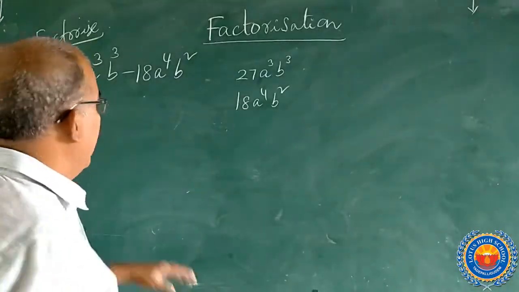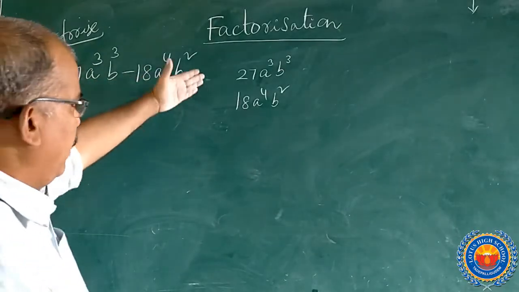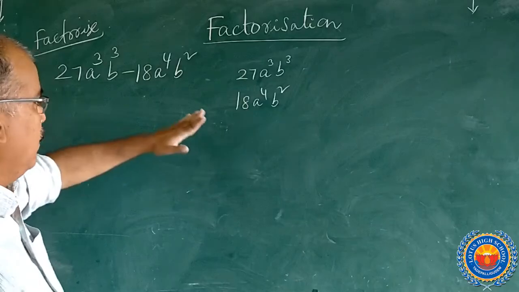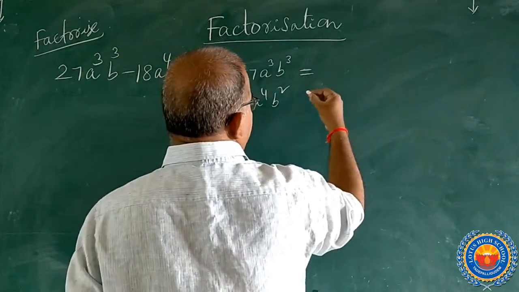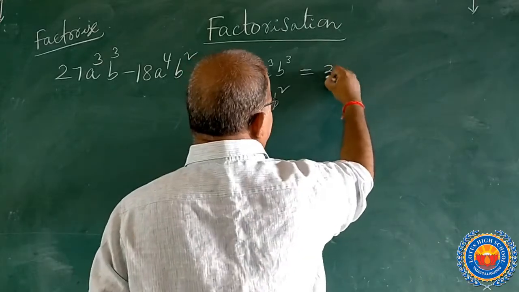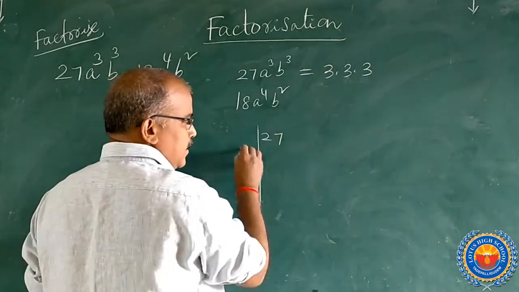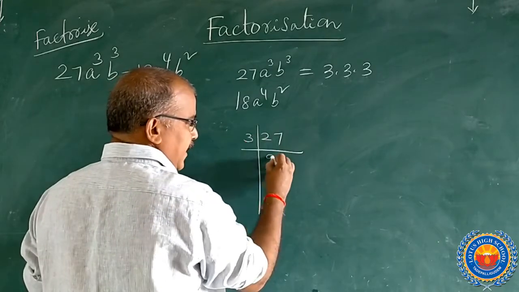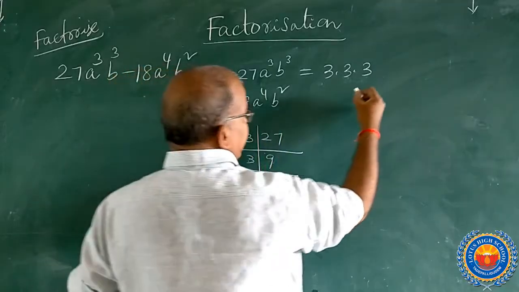Okay, one more sum. 27 a cube b cube minus 18 a to the power of 4 b square. First, 27 a cube b cube. Here 27 I can write as 3 into 3 into 3, by prime factorization: 3 3s are 9, 9 3s are 27.